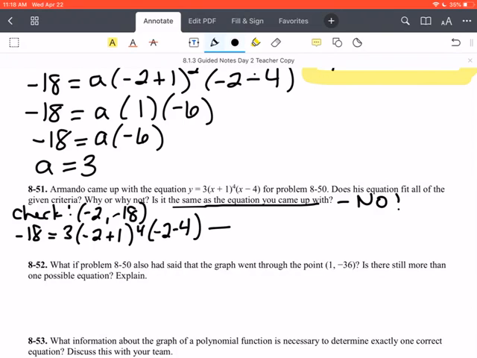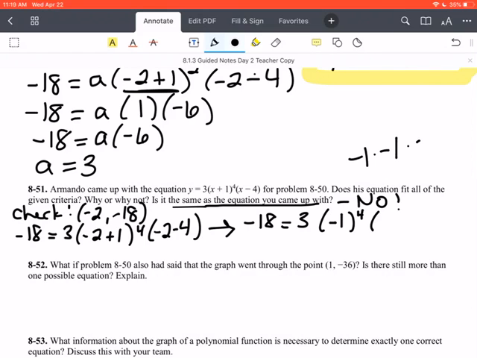Okay, when we simplify, we have -18, does that equal 3 times, once again, we have -1, which we had up here, being raised not to the second power, but to the 4th power. Now, what's -1 times -1?